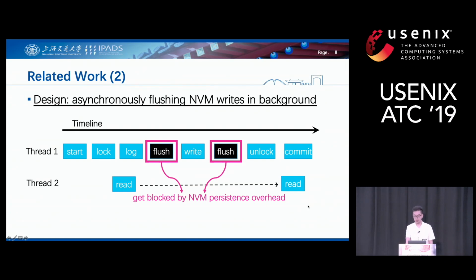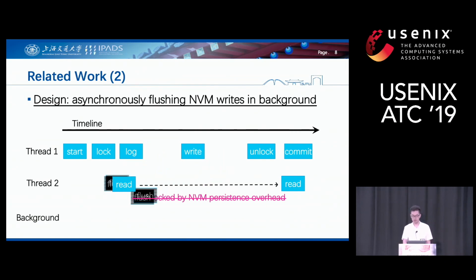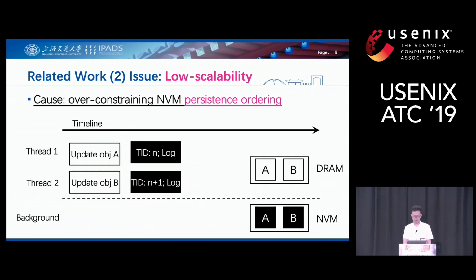Another related work hides the NVM persistence overhead by eliminating the flush operations in the execution threads. It leverages background threads to asynchronously flush writes to NVM. Such a PTM design duplicates the persistent objects in DRAM, and the foreground threads only update the objects in DRAM, and one background thread is responsible for updating the objects in NVM.